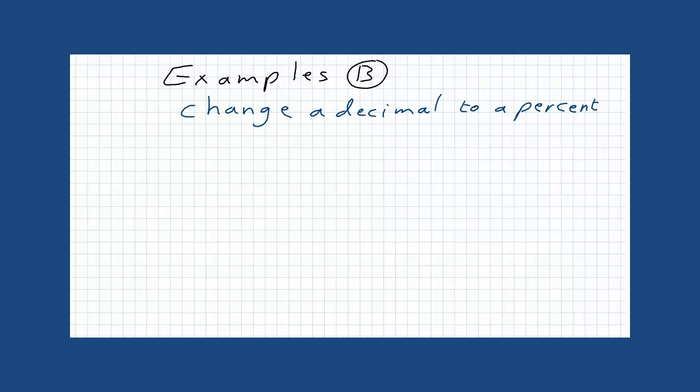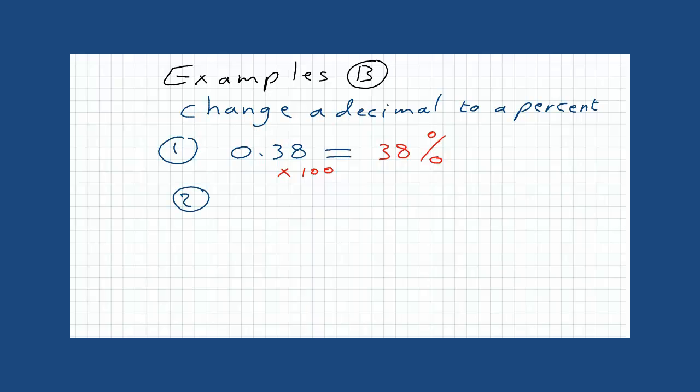Now let us look at group B examples. Here we want to change a decimal to a percent. Example 1, 38 hundredths. How can it be changed to a percent? Simply just multiply it by 100. So if we multiply here by 100, you will have 38 and put your percent symbol beside it.